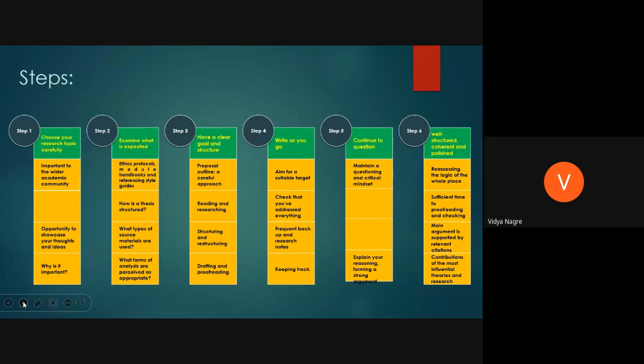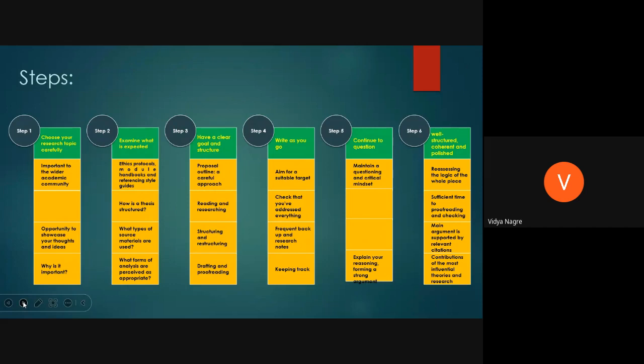You also have to decide what your capacities are, which kind of source materials you are going to use, and you have to mention those source materials in your research writing. What forms of analysis are perceived as appropriate? The list of forms of analysis is given in the handbook. You have to go through that.